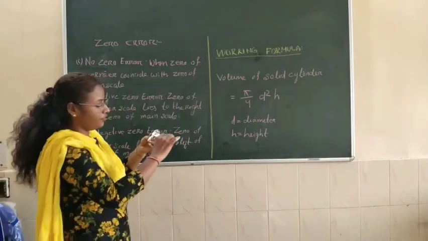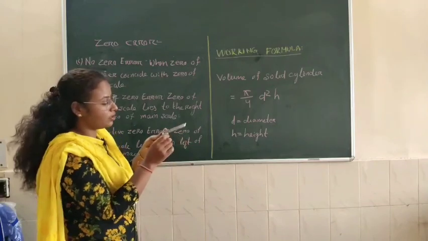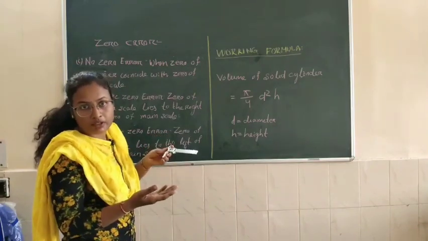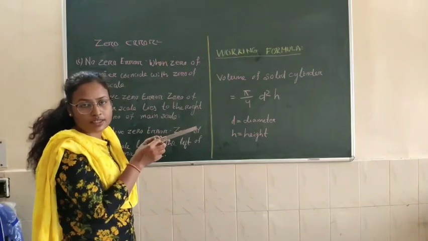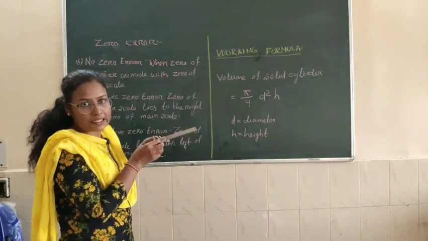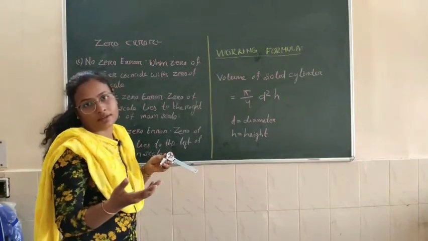So, if at first, before using the instrument, you see the zero of the vernier scale is coinciding with the zero of the main scale, then we can say the instrument has no zero error.